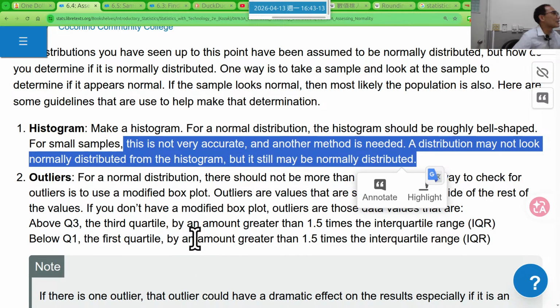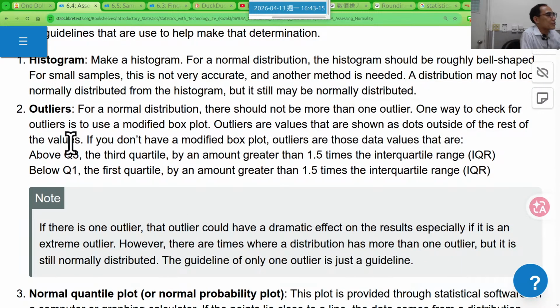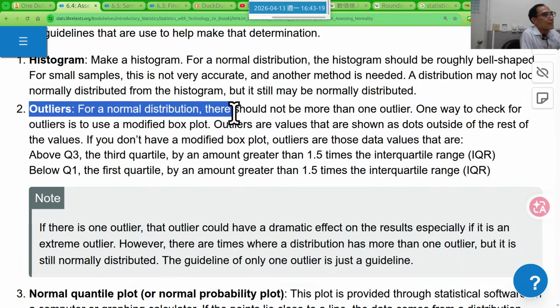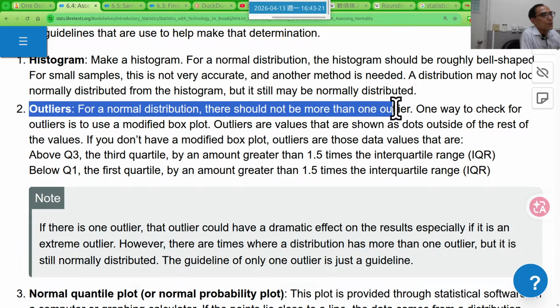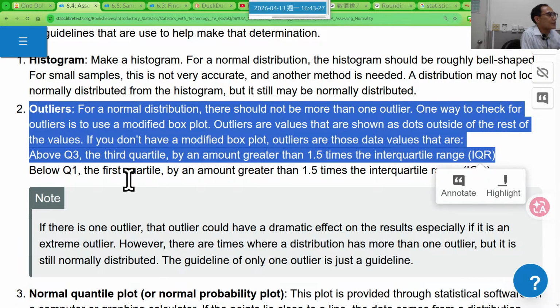Let's check the diagram later. Second, outliers. For a normal distribution, there should not be more than one outlier. One way to check for outliers is to use a modified box plot, where outliers are shown as dots outside of the rest of the values.